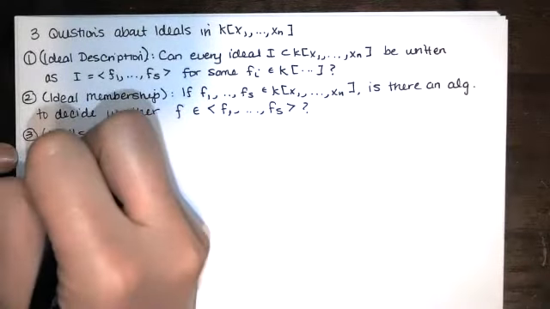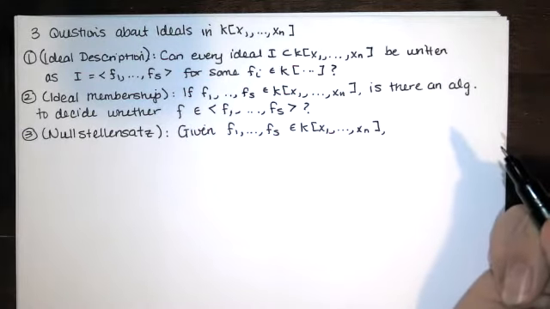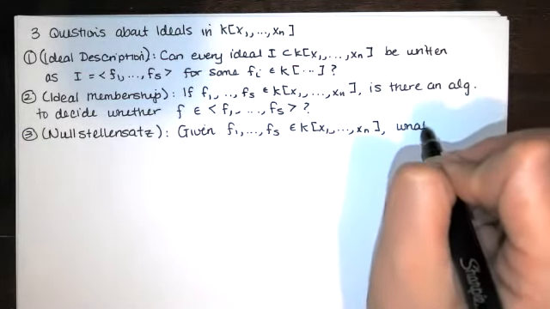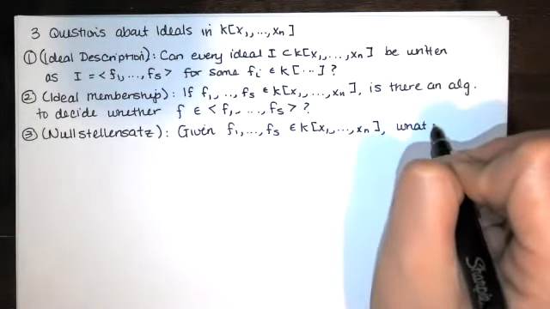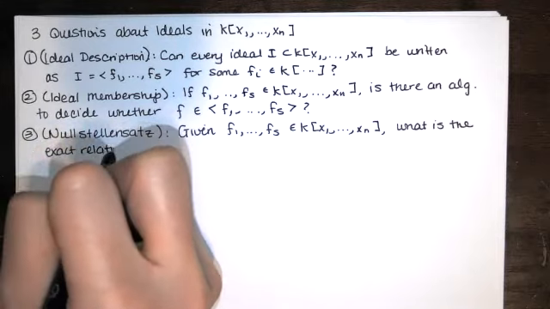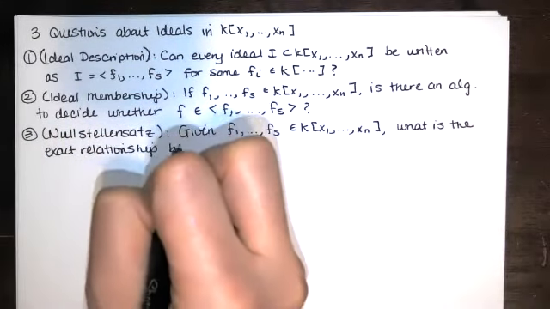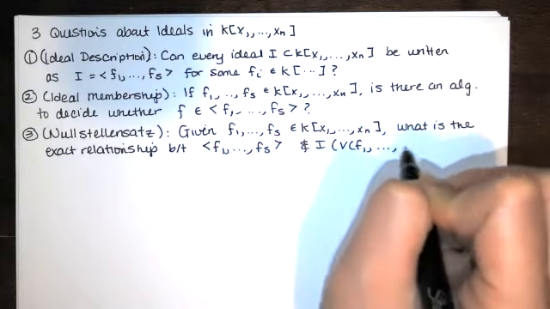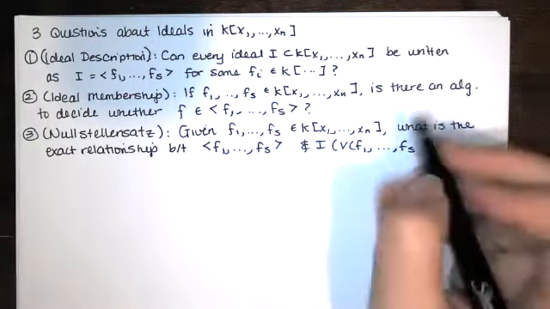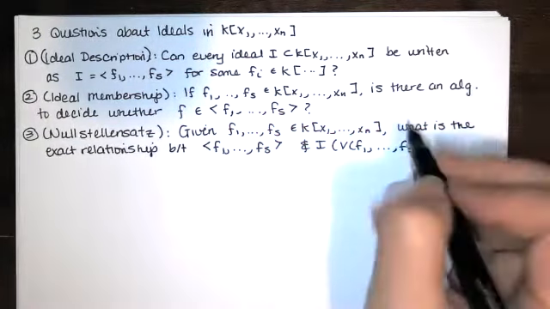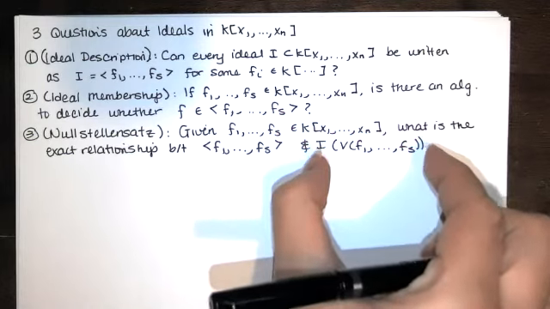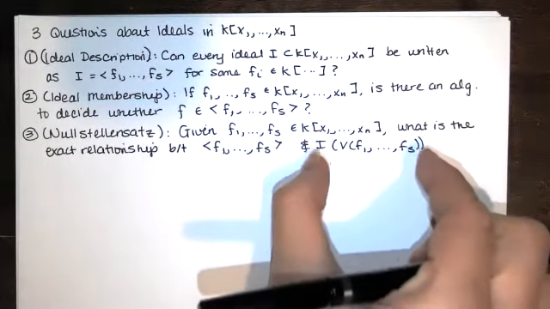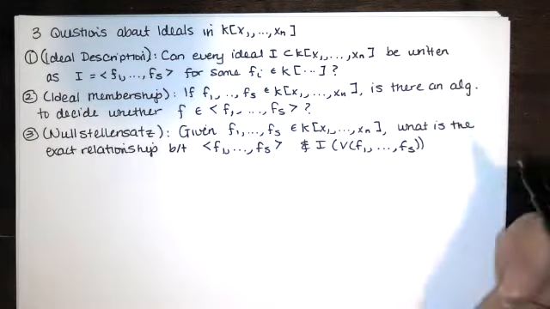If we have some polynomials, we might want to know, what is the exact relationship between the ideal generated by the polynomials and the ideal of the variety defined by the polynomials? Now, we already know that this one is a subset of this one, but we'd like to be able to say something more. Like, it'd be nice to be able to write down a formula for this given this, or a formula for this given the polynomial functions f_1 through f_s.